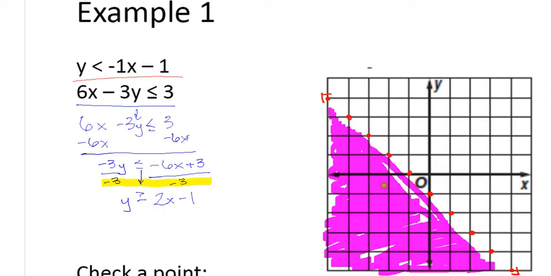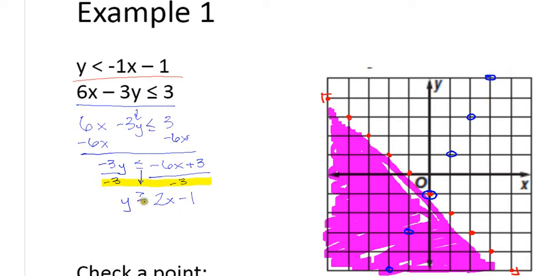Again, I'm going to start at the y-intercept of negative 1. I'm going to go up 2 over 1, as the slope tells me, up 2 over 1, then down 2 back 1, down 2 back 1. Here's the line that I will follow. I need to figure out whether this is dotted or solid.